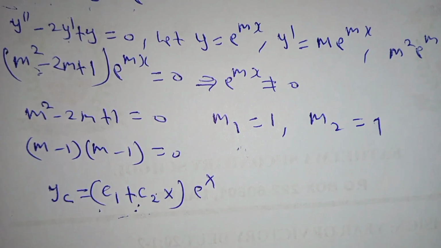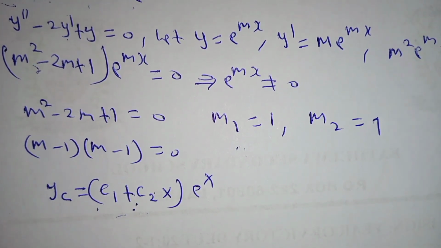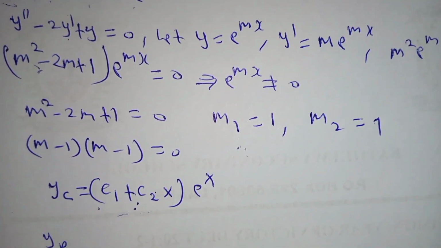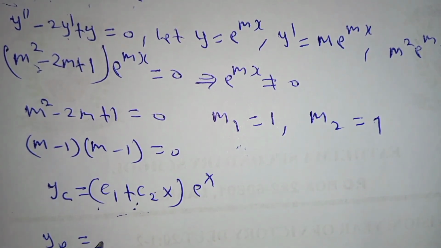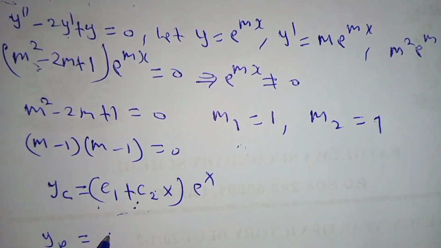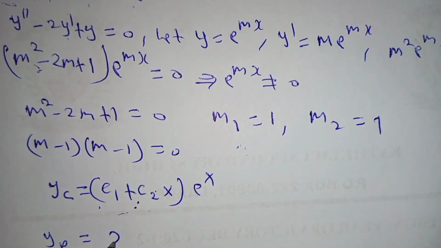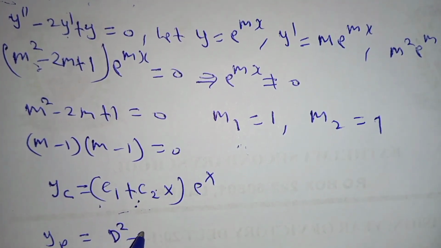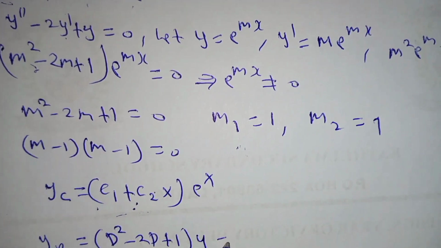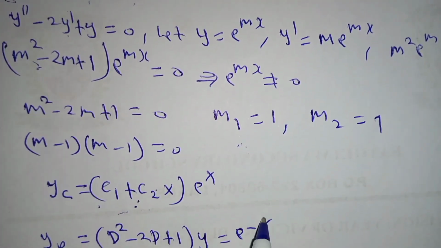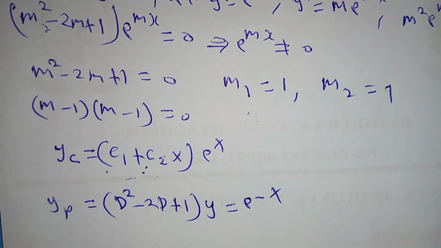Now next, we are going to obtain the particular part, by the method called the method of D operator. So we shall use the method of D operator to obtain our particular part.